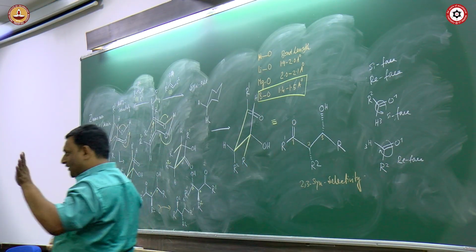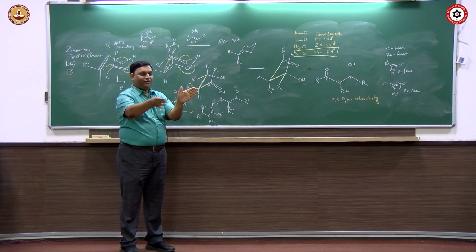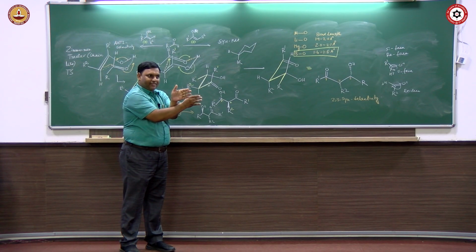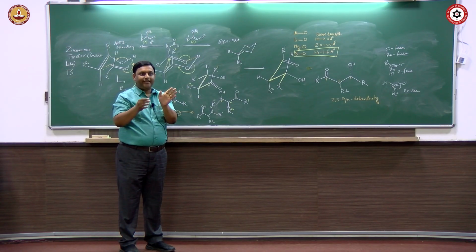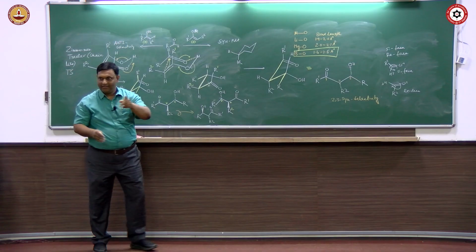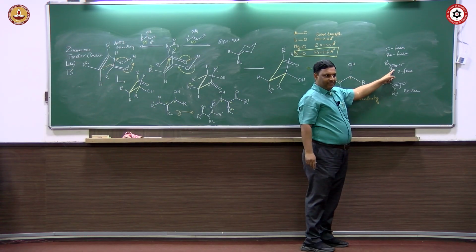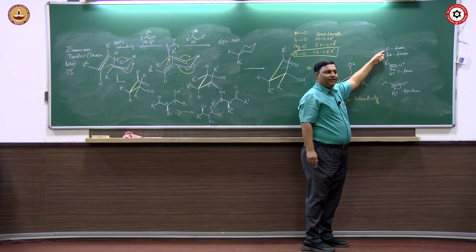So when the aldehyde is going to react, the enolate can come on the front side or on the back side. That means the aldehyde is facing the enolate in two different faces. For example, if this is the front face, I say the Si face, then the back face is the Re face.